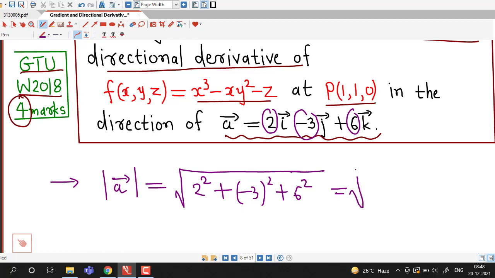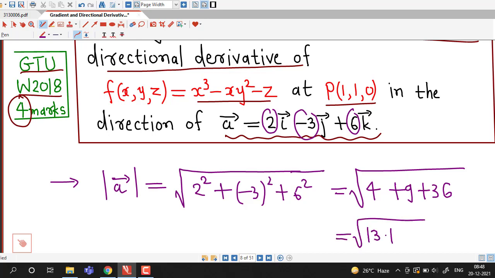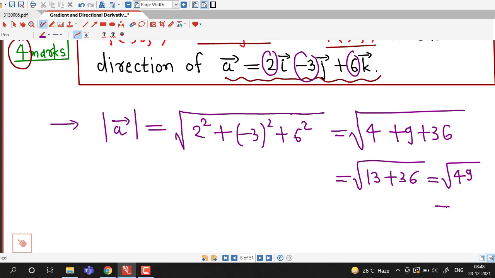So we find out length of given vector, it is 4 plus 9 plus 36. So that is going to be 13 plus 36, and this is nothing but 49, and we know that length is always positive. So length of given vector is 7.